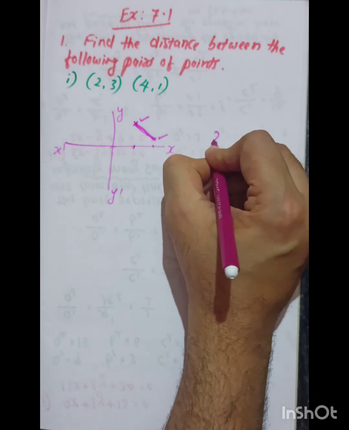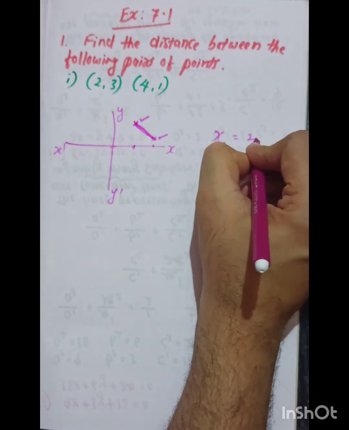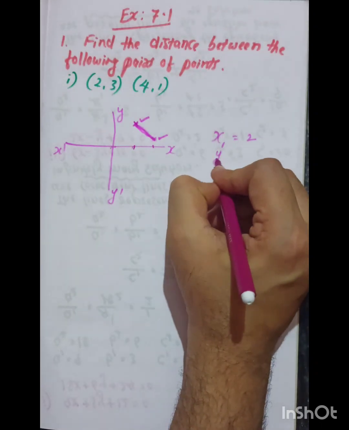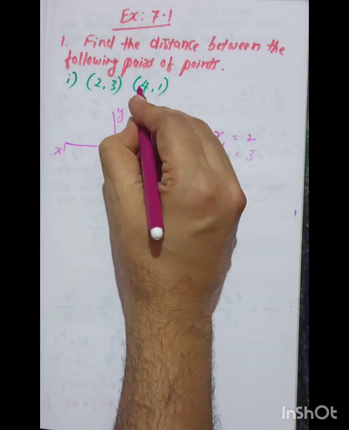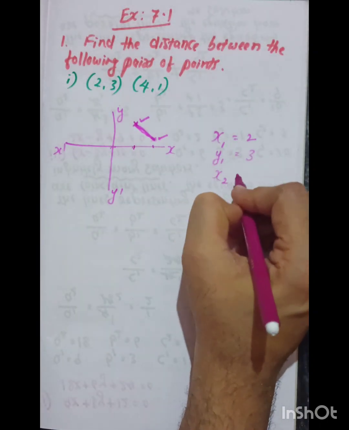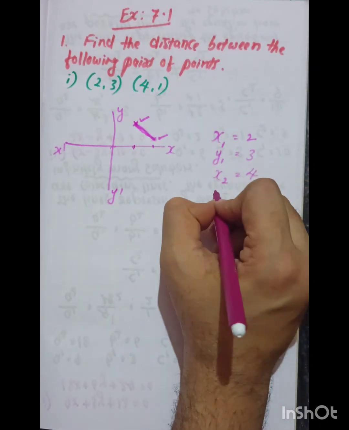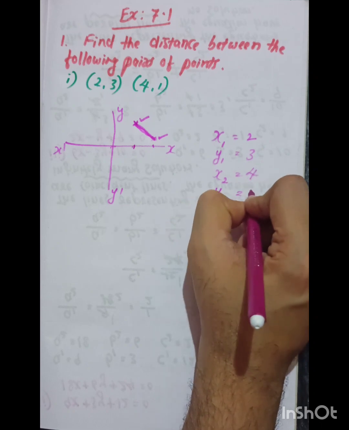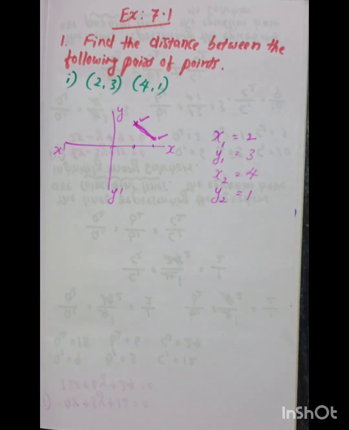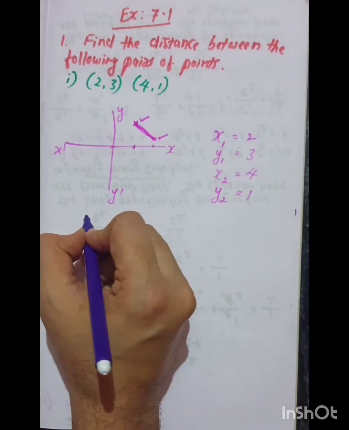Take x1 as 2, y1 as 3, x2 as 4, y2 as 1. After that, use the formula.